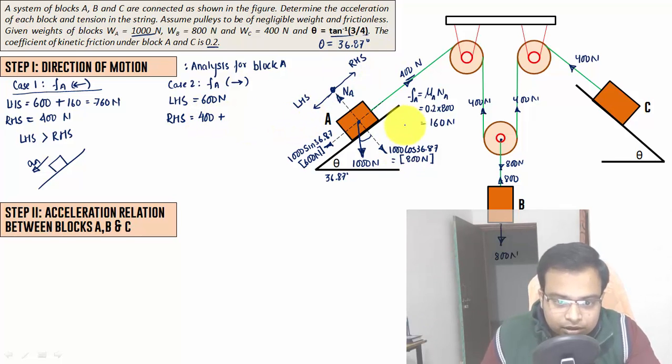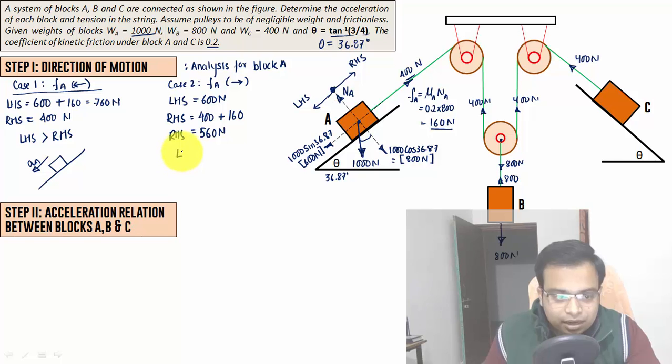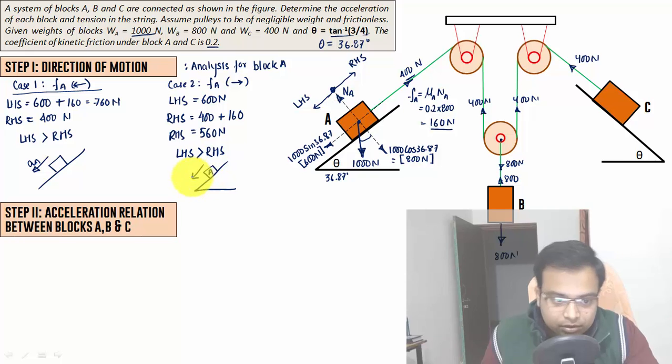I wrote it somewhere. Yes, this is 160. If you do this calculation, this is going to be 560 newtons. Now clearly you can see that again LHS is more than RHS, which again is an indication that block A is going to go downhill, towards the left hand side.